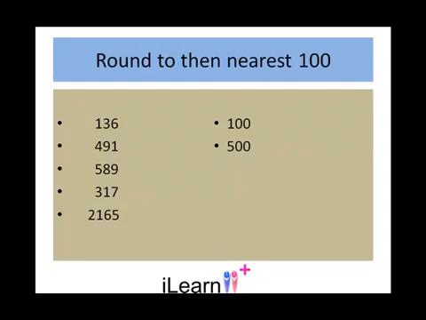Round to the nearest 100. 600. 317. Round to the nearest 100. 300. 2165. Round to the nearest 100. 2200.